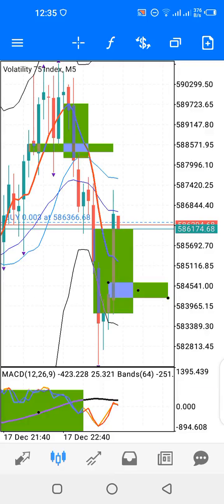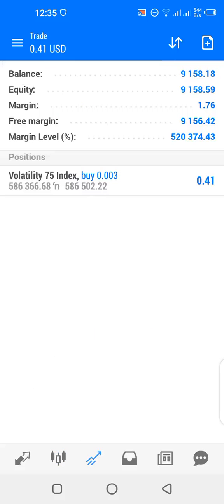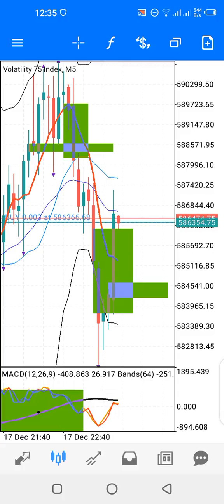Let's see what happens. I expect the price to go up. Let's see, it's trying to go up already.